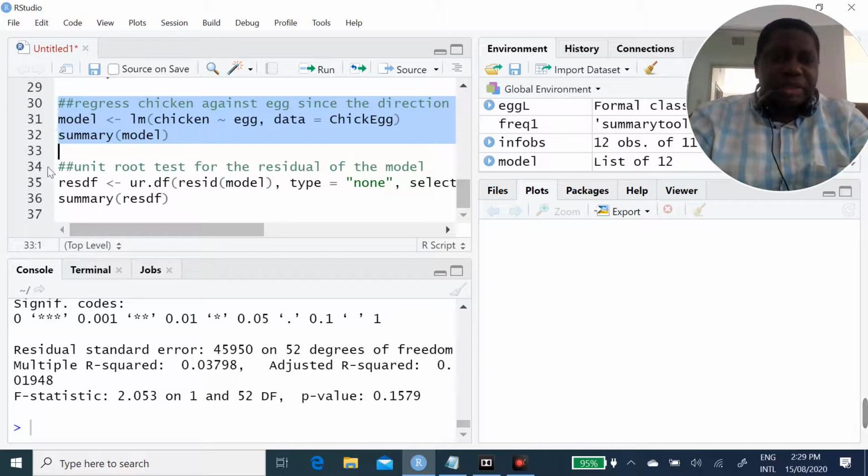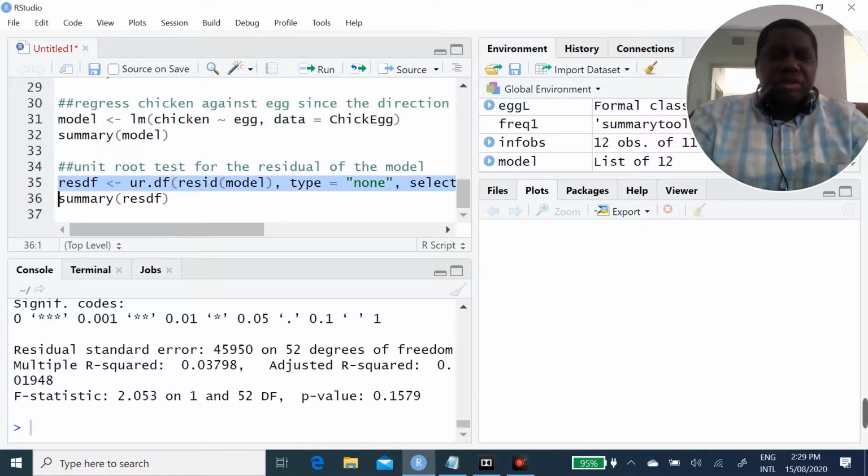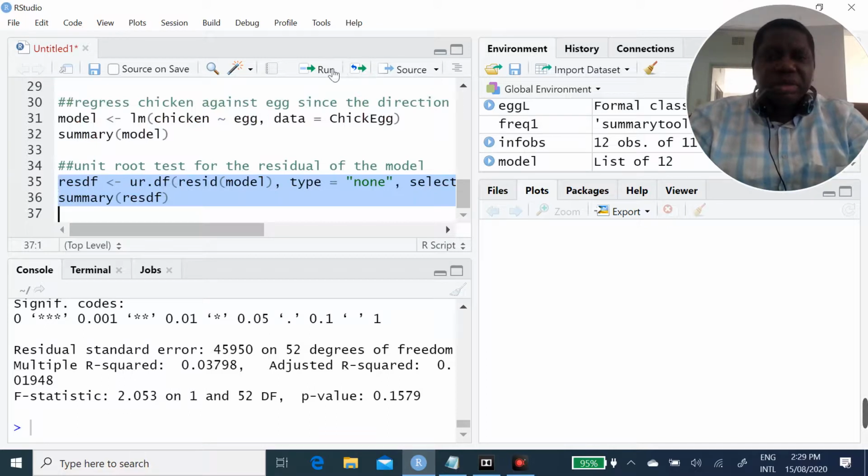So to do that, and that's the last thing we do, that's the residual. We want to look at the ADF. So we have ur.df, residual of the model, and so on and so forth. So let's run it.